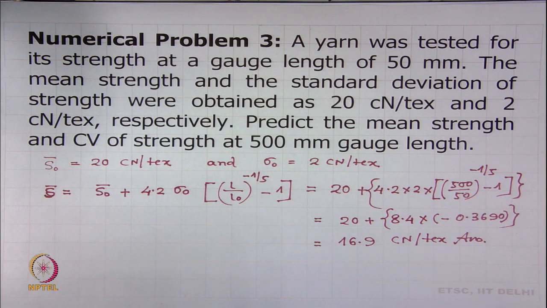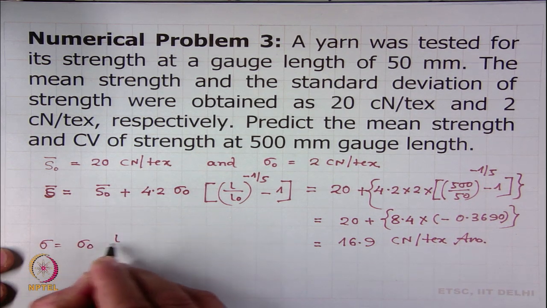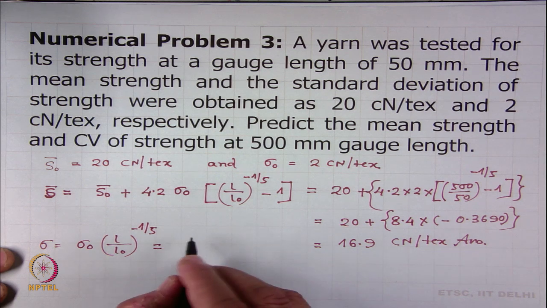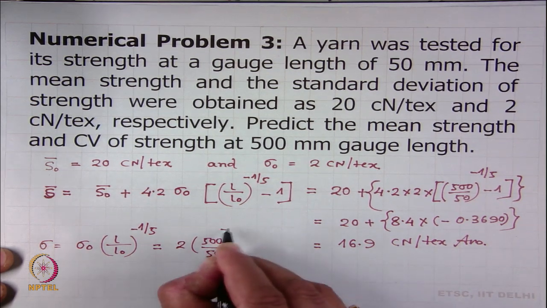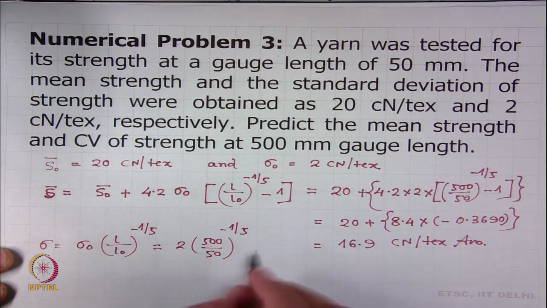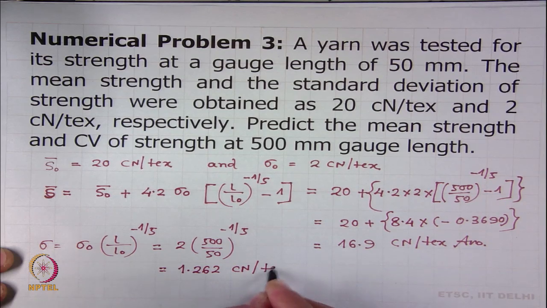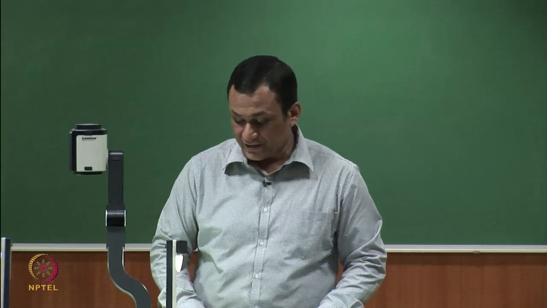Now, we have to find out CV of strength. So, let us now find out standard deviation of strength. Sigma is equal to sigma naught, L by L naught to the power minus 1 by 5. So, sigma naught is given 2, 500 by 50 to the power minus 1 by 5. This value will be equal to 1.262 centinewton per tex. We are not asked standard deviation, we have to find out the value for CV.